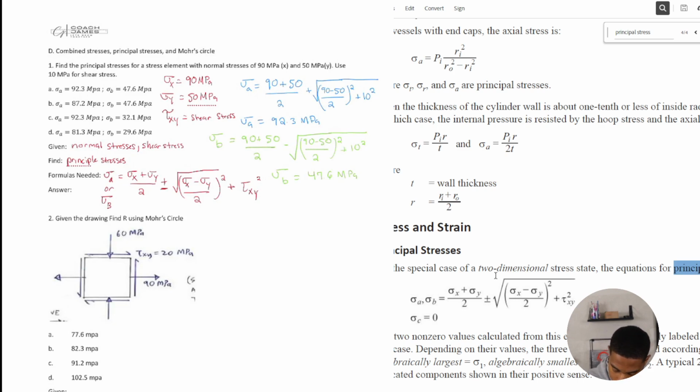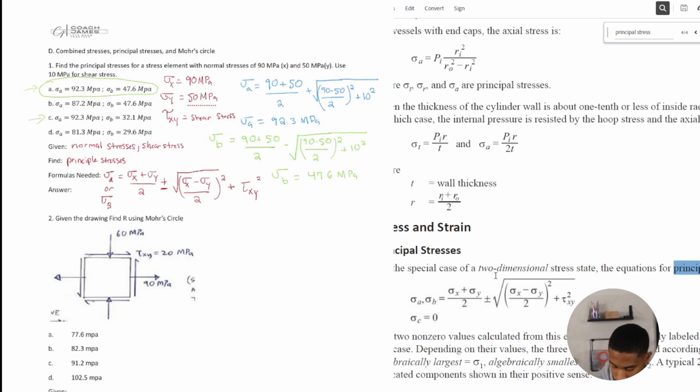So A is 92.3, then 47.6, so my answer is A. You have to be very careful making sure you're selecting the right answer, because for one of the answers, the principal stress A and C were the same. So you had to solve for both to get the right answer.